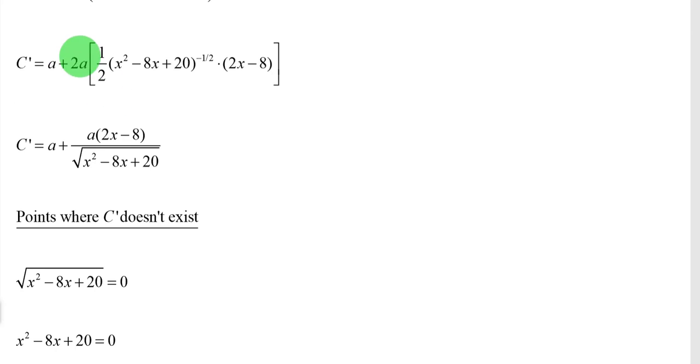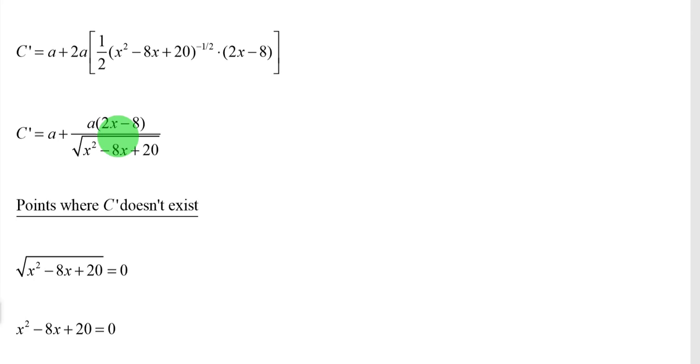These 2's right here will cancel. We'll just be left with an a times 2x minus 8 on top. That will be our derivative, which represents the rate of change of cost based on how many miles of ocean pipe we lay. Per mile of ocean pipe is actually how your units would be.